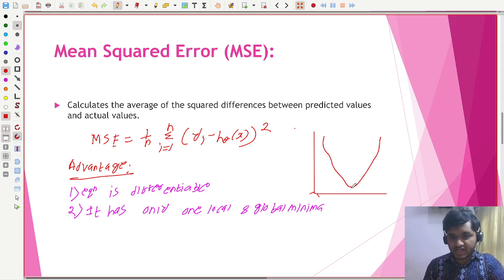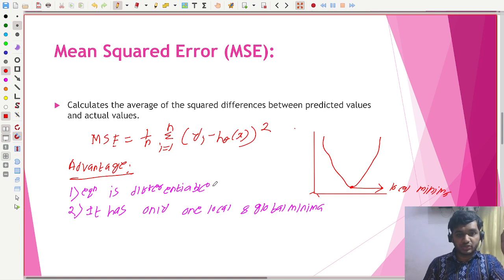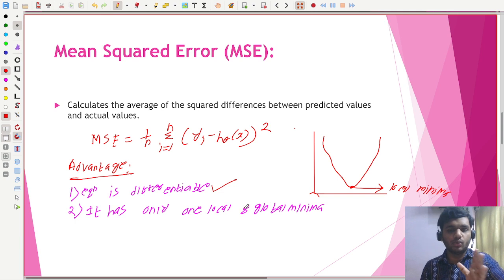Okay, so it has one local minima. It is a local minima. So two advantages. First one is the equation is differentiable. Second one is it has only one local and global minima.